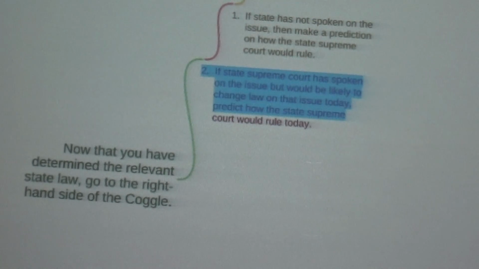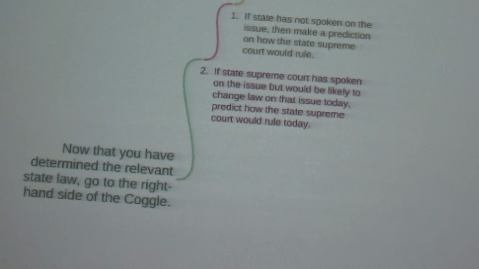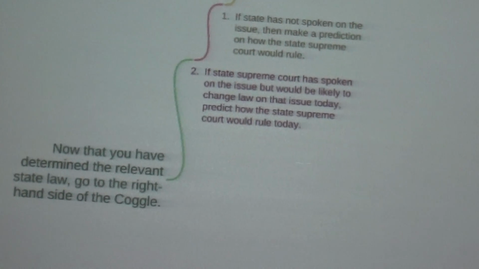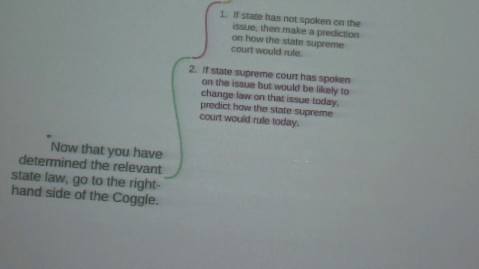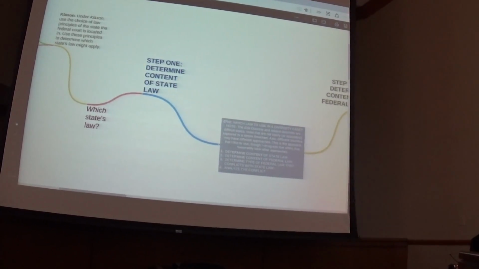When the state Supreme Court has spoken on the issue but the state law is stale, then predict how that state Supreme Court would rule today. Of course, in the real world, a federal court can certify an issue to a state Supreme Court to try to get an answer, but you're not going to have that opportunity on the exam, so you need to make the best prediction. Now you determine what the relevant state law is. You go to the right-hand side of the coggle, because we've already done this. We've determined the content of the state law.